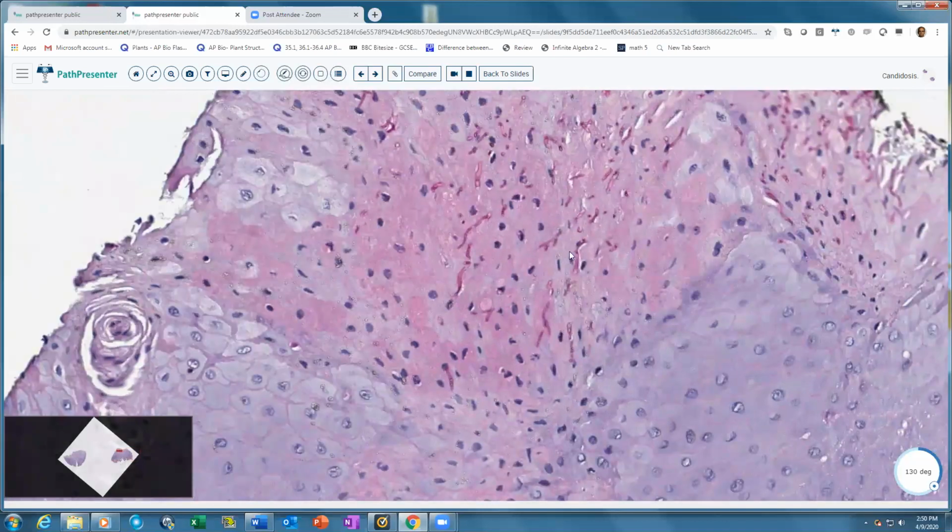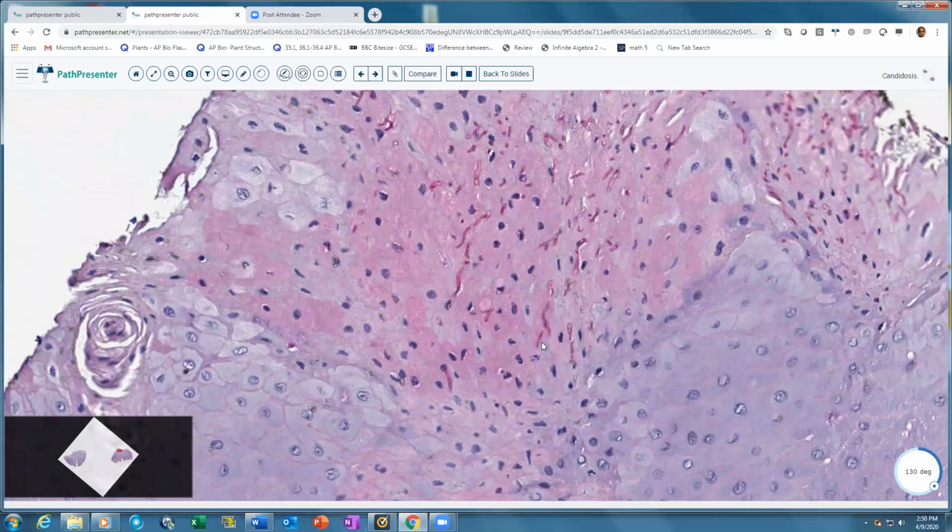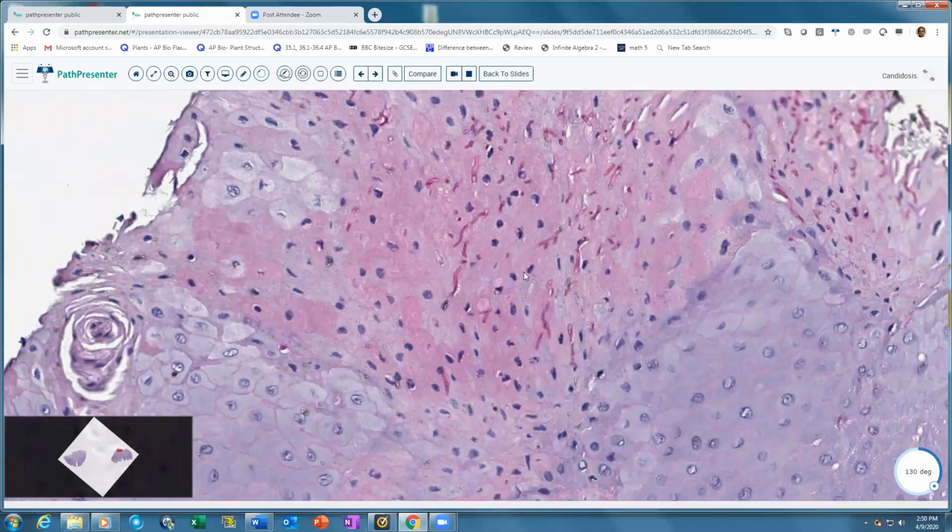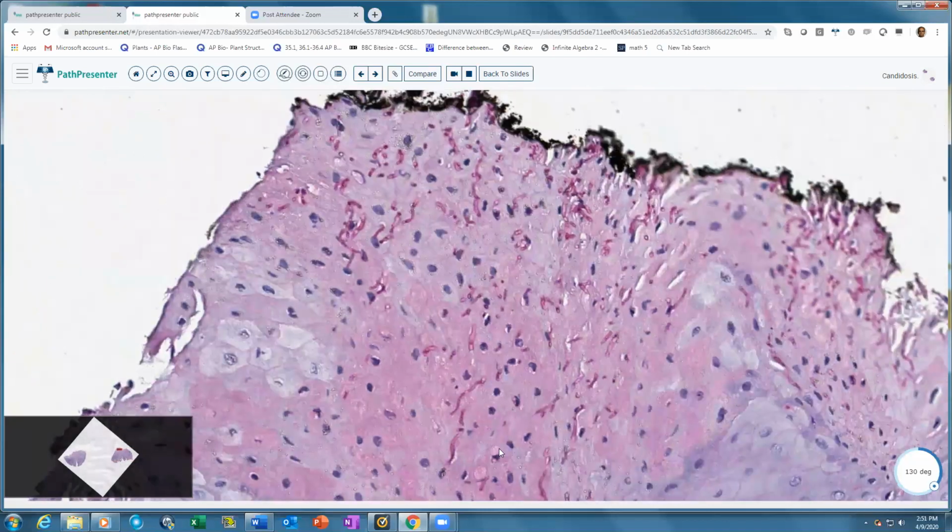You see the vertically oriented hyphae in the stratum corneum, although this is mucosa, so it wouldn't technically be stratum corneum, but you can see all of them vertically oriented to the mucosa. That is very classic for candida. But again, the culture is going to be much more specific when you want to call it candida.